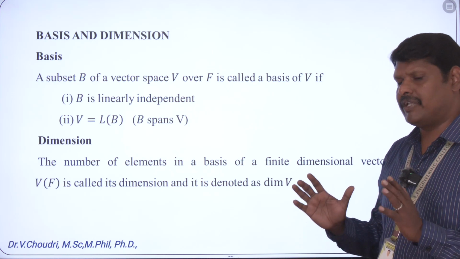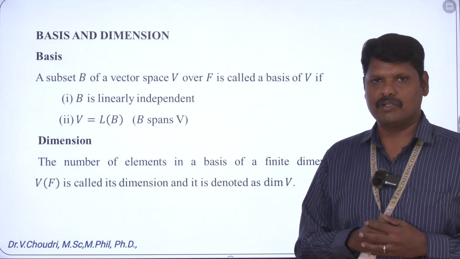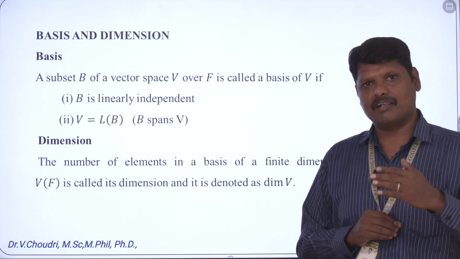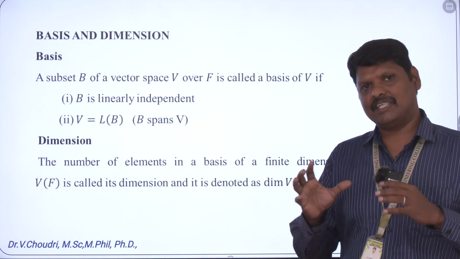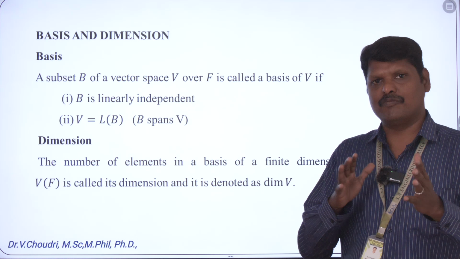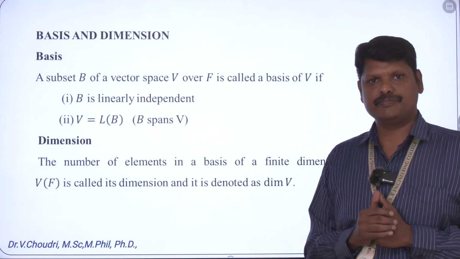Okay, so how are we going to understand the concept of basis? For the best example, when you go to any function, that may be a marriage function or a college symposium or cultural event, whatever it is, there you will see groups of people gathered separately. For example, if it is a marriage function, bride and bridegroom.